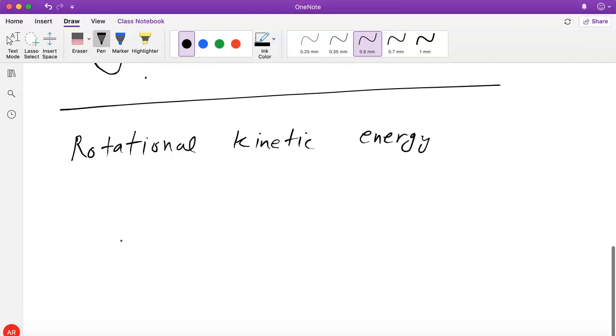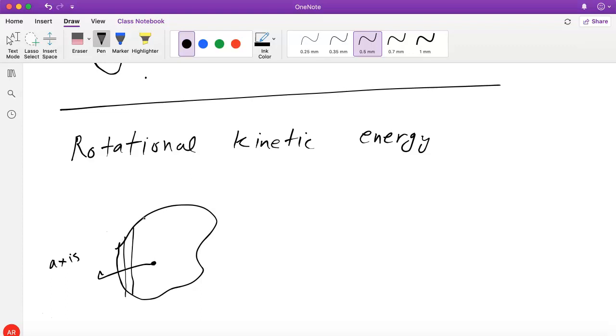So we have some object of some shape. There's an axis of rotation here. It's coming out of the plane, so it's rotating in the plane around this axis that's coming out of the plane. And we can always think of any rigid object as a collection of particles, if you break it up into a whole bunch of small pieces.